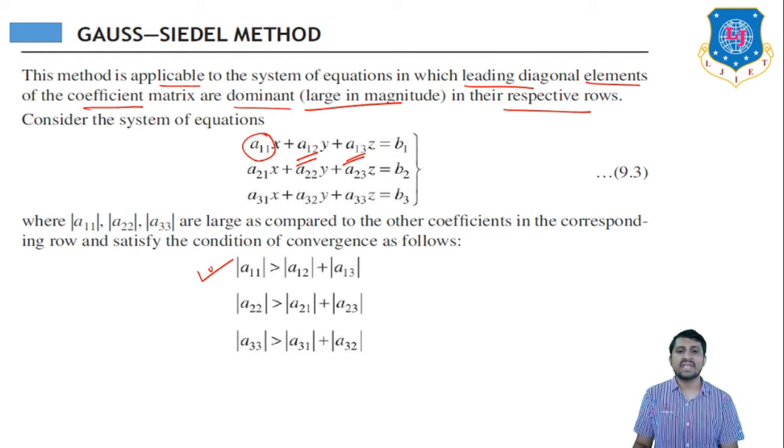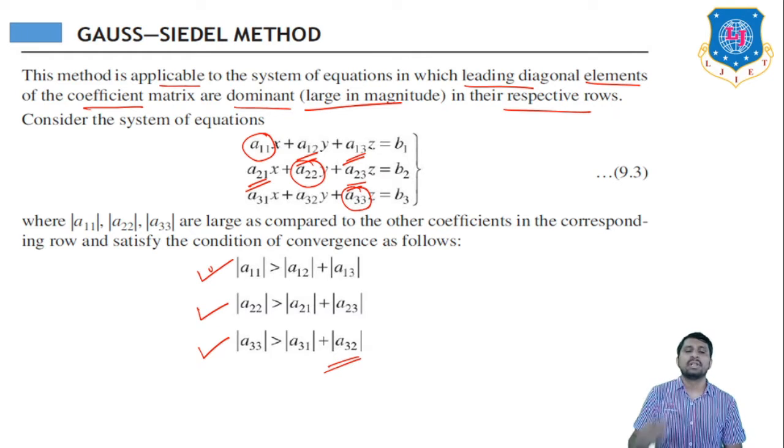Similarly, for the second equation, the modulus value of a22 strictly greater than modulus value of a21 plus modulus value of a23, and the modulus value of a33 in the third equation strictly greater than modulus value of a31 plus modulus value of a32.